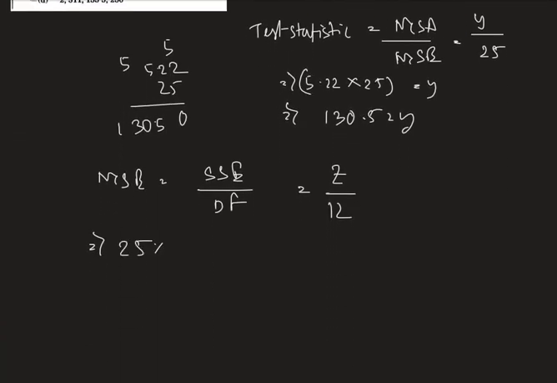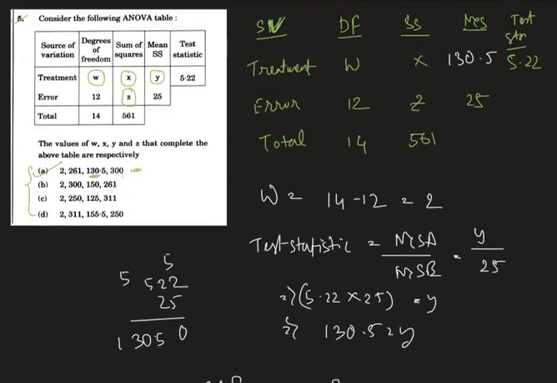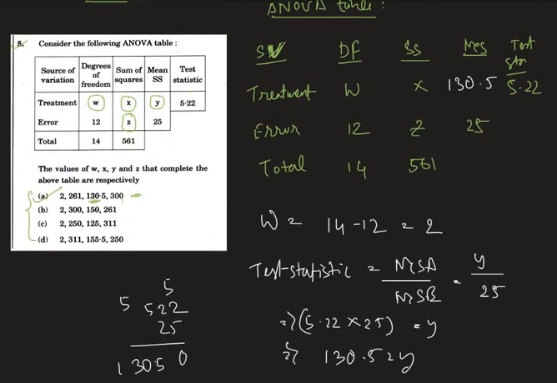Therefore 25 multiplied by 12 is equal to Z, which results in 300. So the correct value of Z is 300.